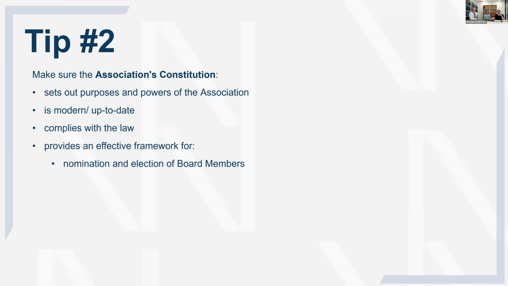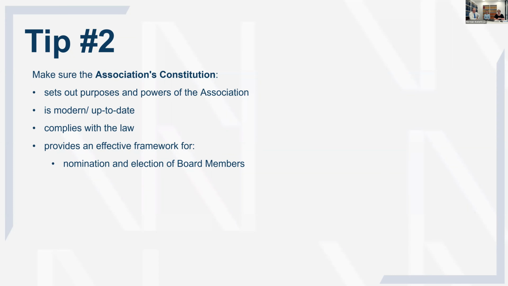Constitutions should also provide an effective framework for nominating and electing board members. There should be a proper process for nominations of board members. There should be some criteria about who's entitled to nominate. There should be a proper process for election of board members, whether there's a contest in that election or whether there's not a contest.